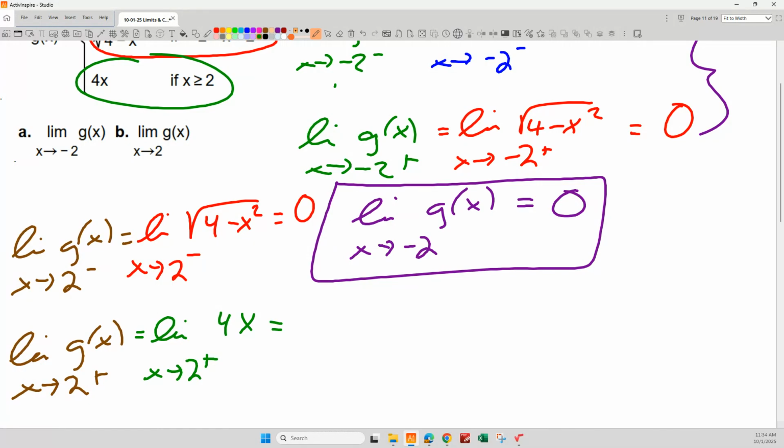Well, what's that? 8. Aha. Well, what do you know? The limit from the left and the limit from the right at 2 do not agree. So does the limit exist as x approaches 2? No.